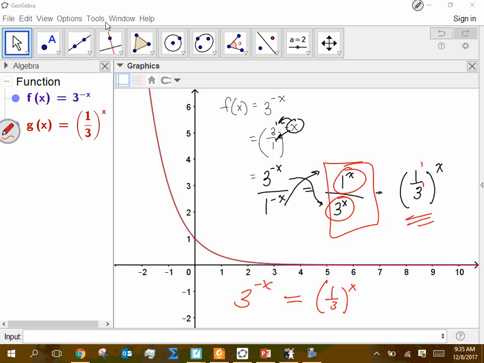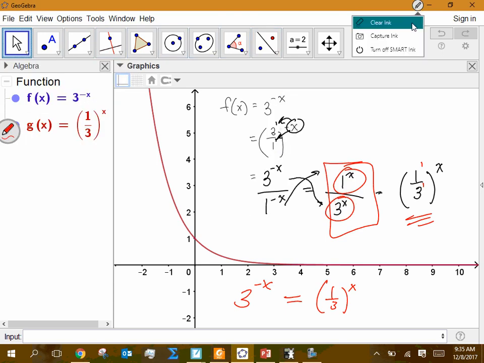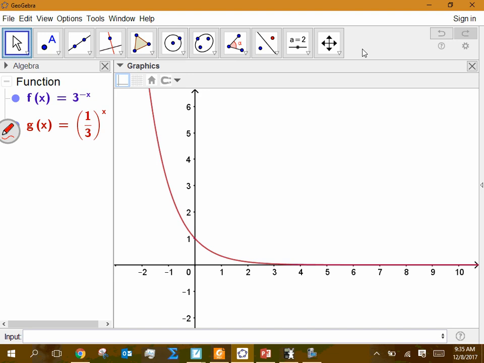Now, if we're dealing with these types of functions, when you have a base that is a fraction between 0 and 1, when we say exponential, we're thinking grows large very fast, right? Well, this one is shrinking very fast, right?